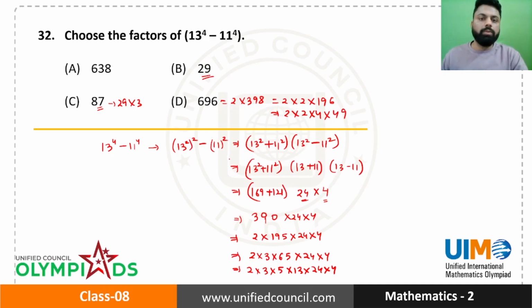Okay, 13 square plus 11 square, 169 plus 121, this is 290. Then 140, 145.